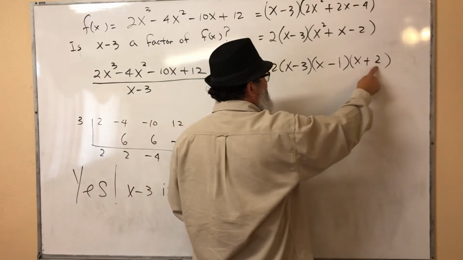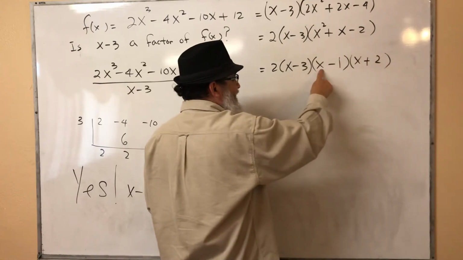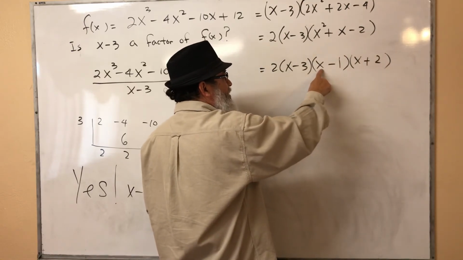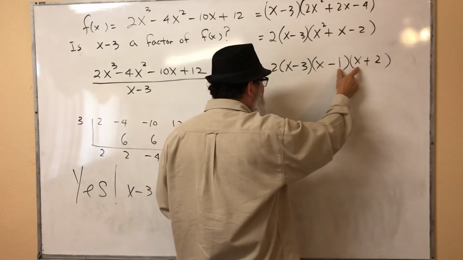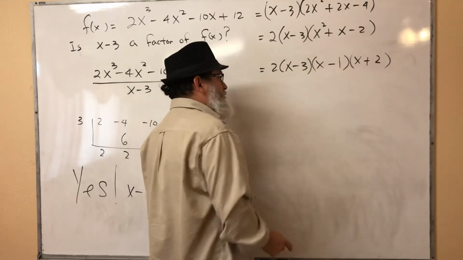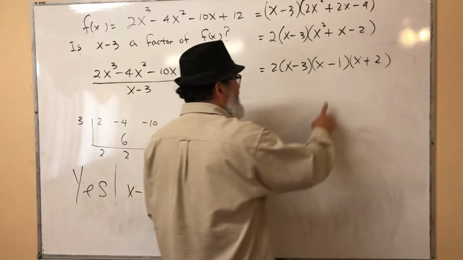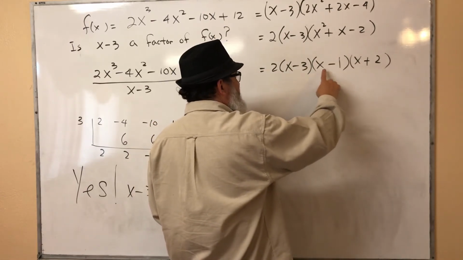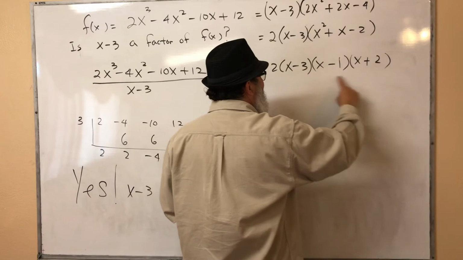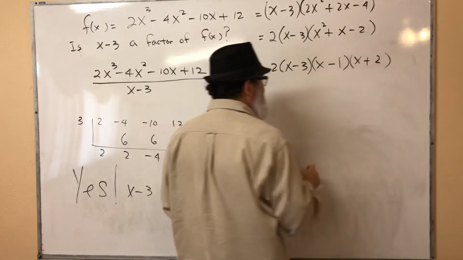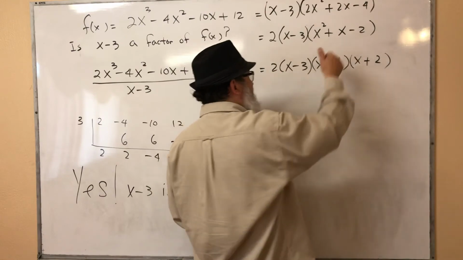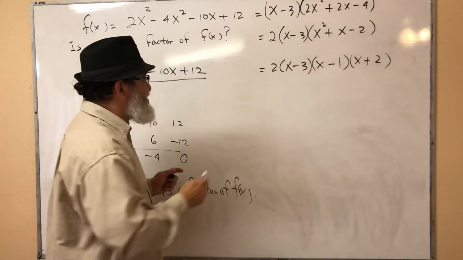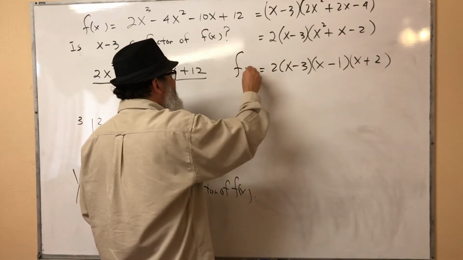Negative 1 times 2 is negative 2. First, outer, inner, and then last. So outer is 2x minus x, which is x. Got it.